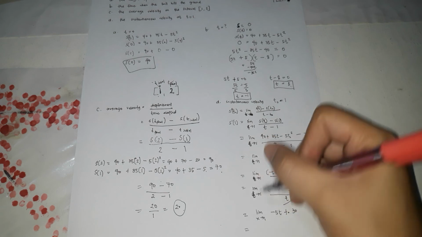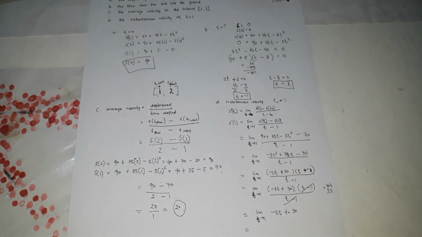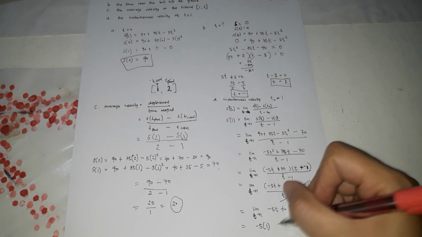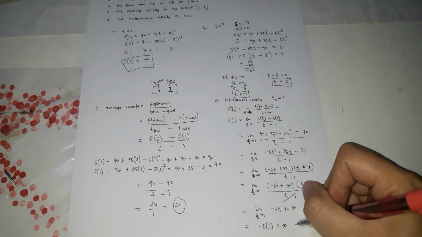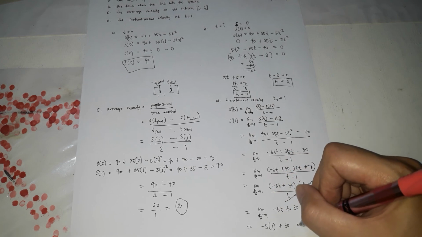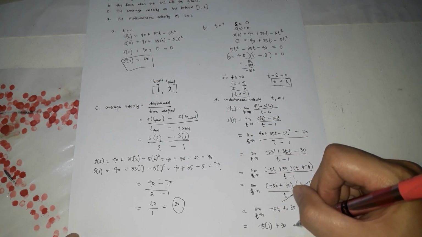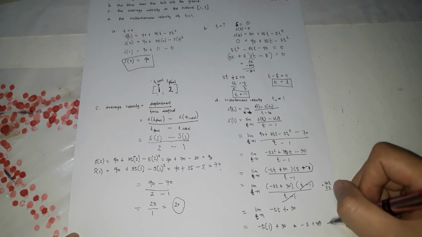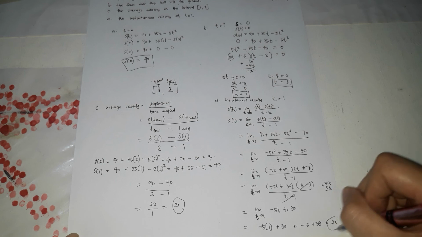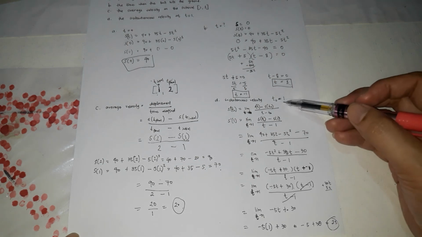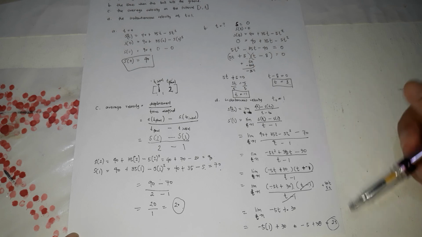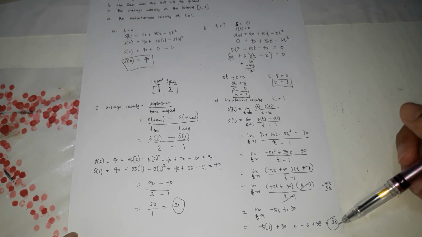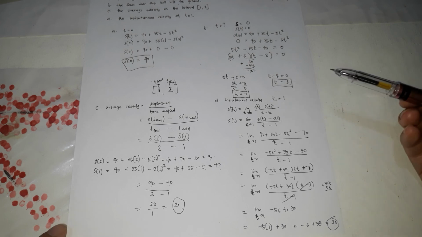Negative 5 times 1 plus 30 is equal to negative 5 plus 30, which is equal to 25. So ibig sabihin, ang velocity at t equal to 1, or in 1 second, it's 25 meters per second. So that's the velocity when time is equal to 1.